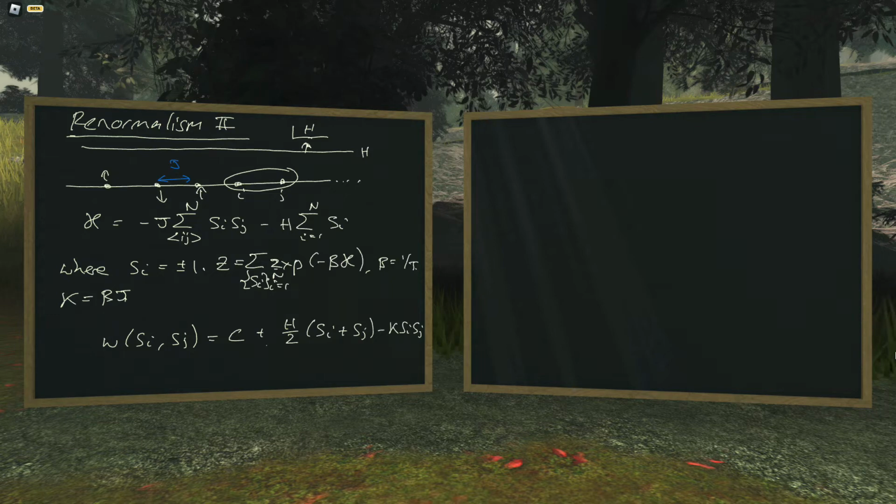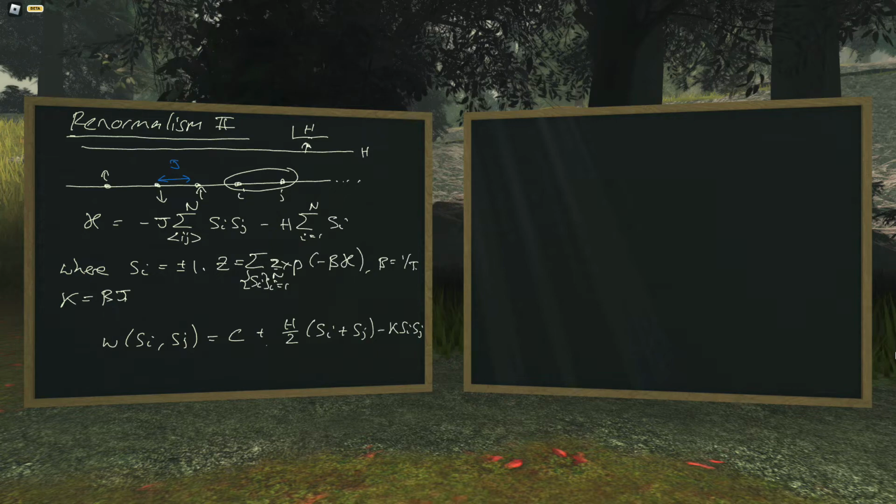Cool. So for renormalization, we desire an invariance in the partition function as we integrate over certain degrees of freedom.